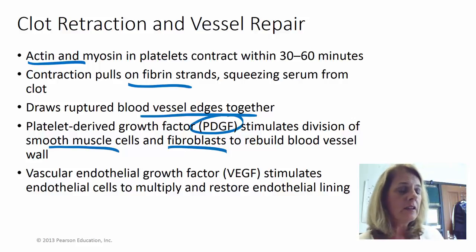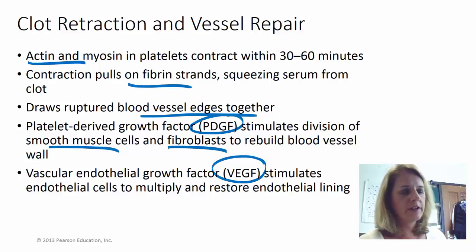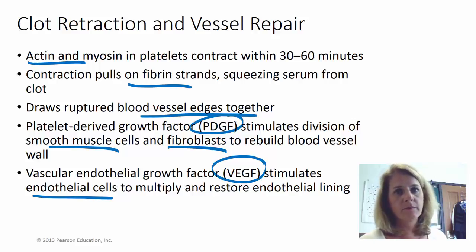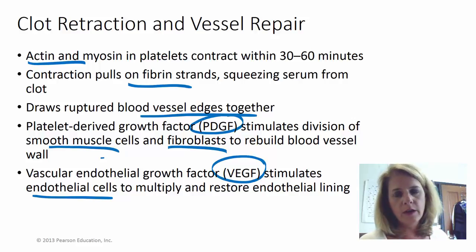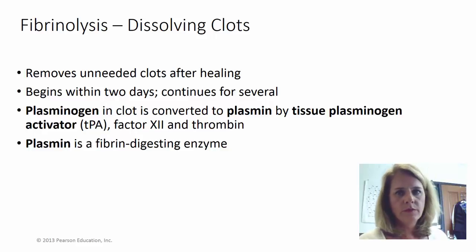Your endothelial cells also produce something called VEGF, or vascular endothelial growth factor, and they play a role in causing those endothelial cells to multiply and undergo mitosis and start to build more endothelial tissue. So your platelets and your endothelial cells both produce growth factors, which cause those parts of the vessel to grow and heal.